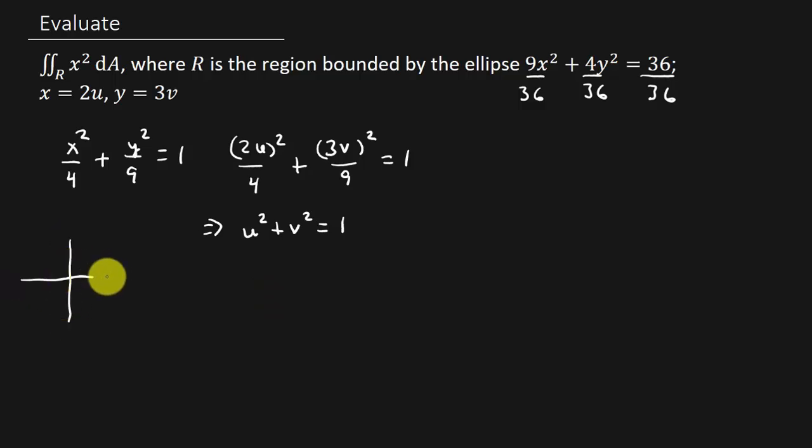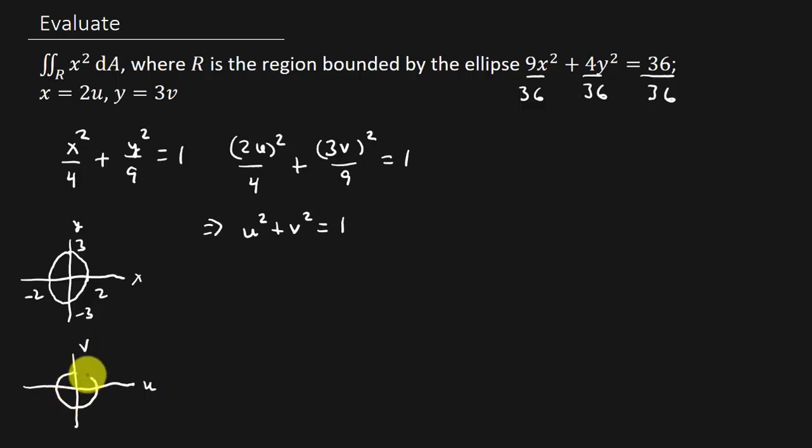So we have our region R, which is an ellipse, like this. This would be -2, 2, 3, -3. And what we've done is we made a change of variables. This is x, y, and this would be u, v down here.